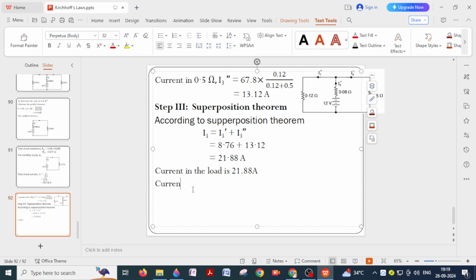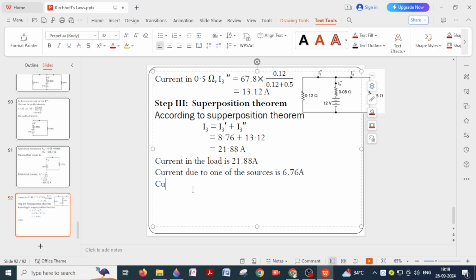The current due to one of the sources is 8.76 amperes, and the current due to the other source is 13.12 amperes.